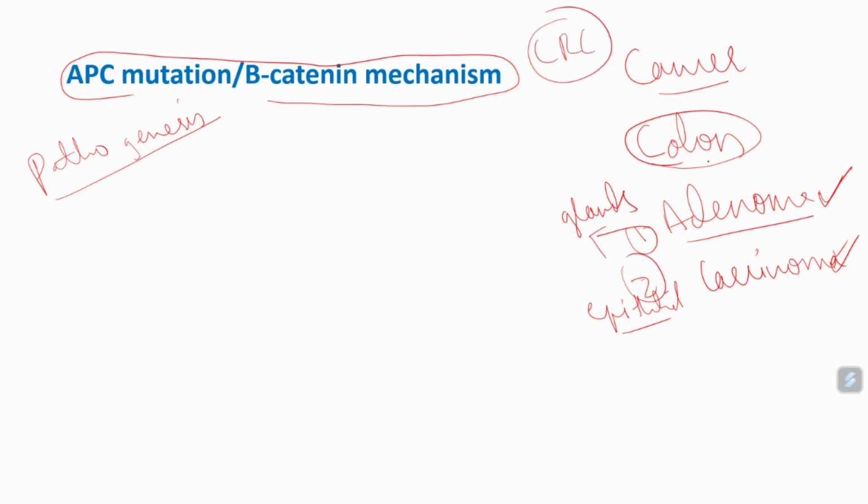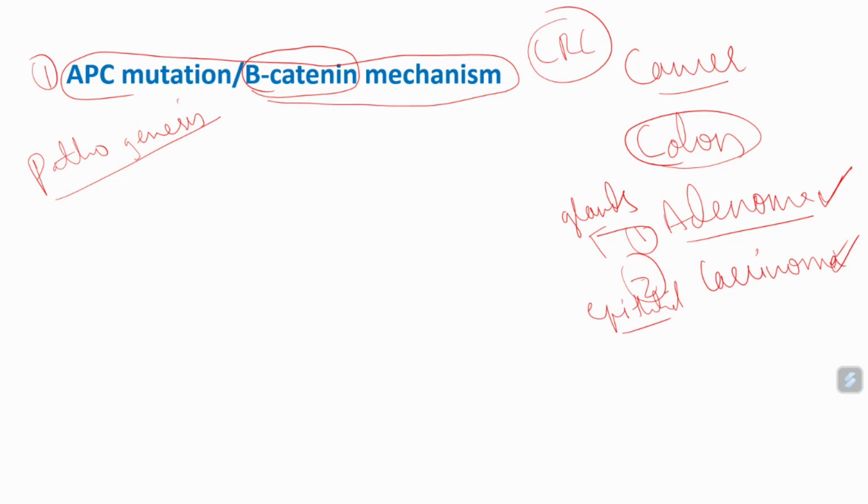Anyway, in the pathogenesis of colorectal cancer, we have two main mechanisms. The first mechanism is APC gene mutation or beta catenin protein overactivation, so that is called the APC beta catenin mechanism.